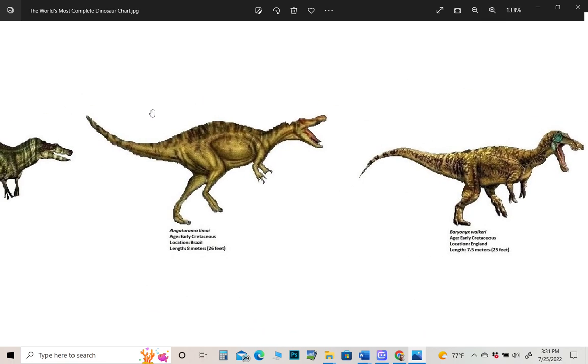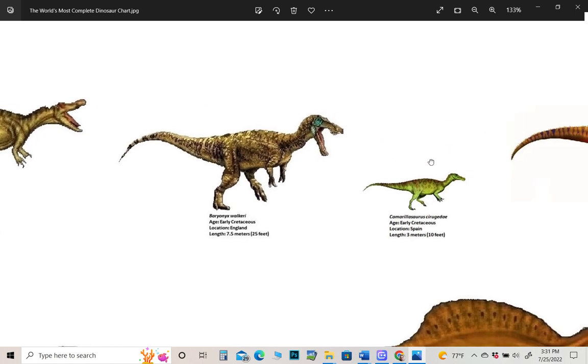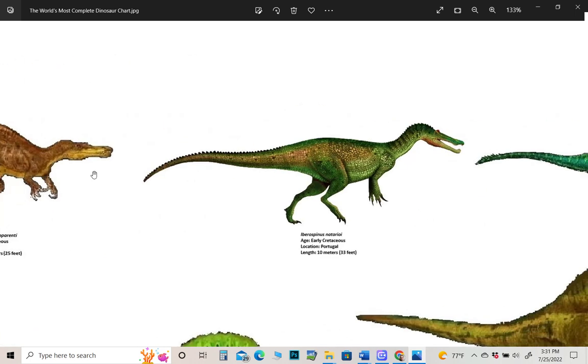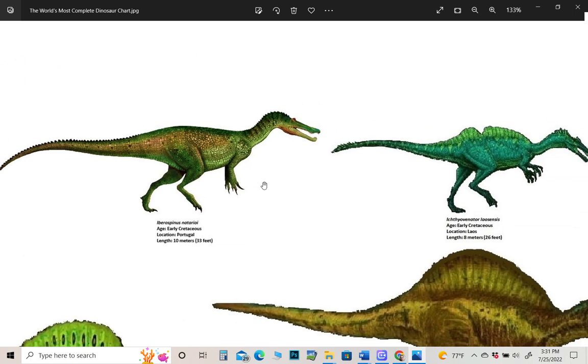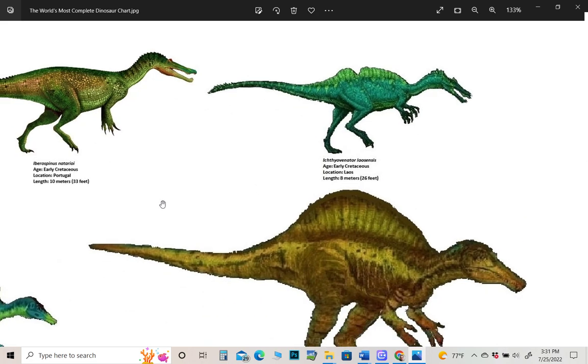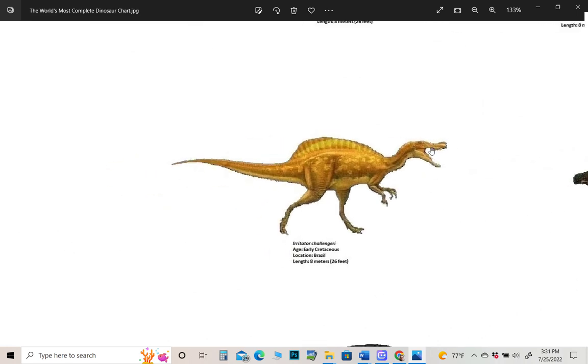Altispinax, Angaturama, Baryonyx, Camarillasaurus, Ceratosuchops, Cristatusaurus, Iberospinus, which was discovered last year, Ichthyovenator, I believe it was last year. It might have been this year.